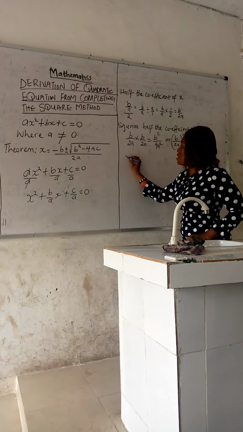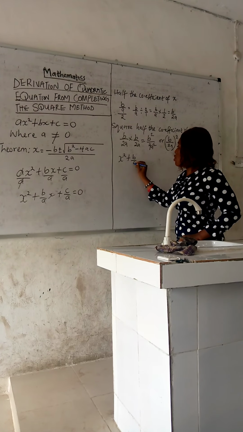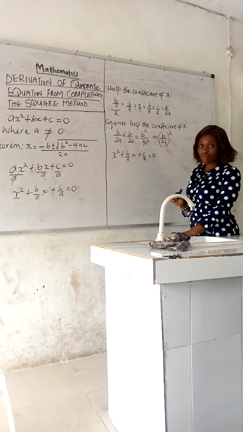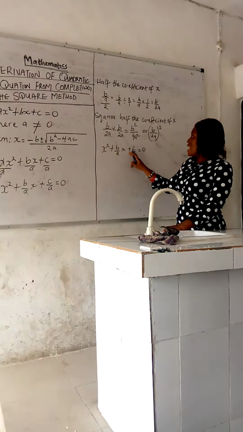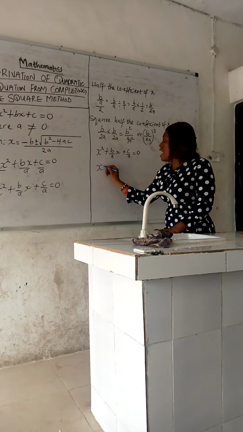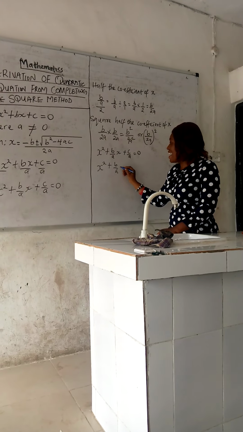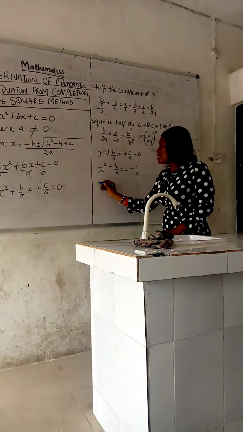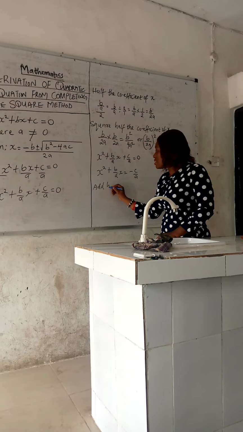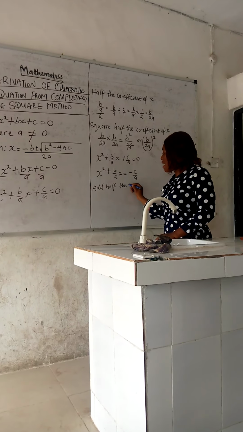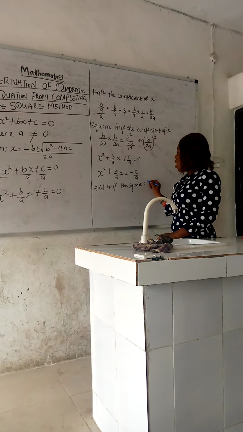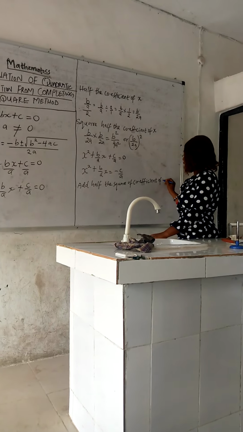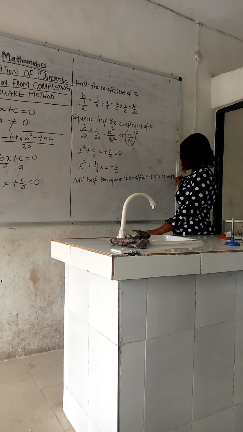So we'll bring down the equation, which is x squared plus b over a x plus c over a is equal to 0. So let's carry this c over a over here. We'll be having x squared plus b over a x is equal to minus c over a. Then we add half the square of the coefficient of x to both sides.